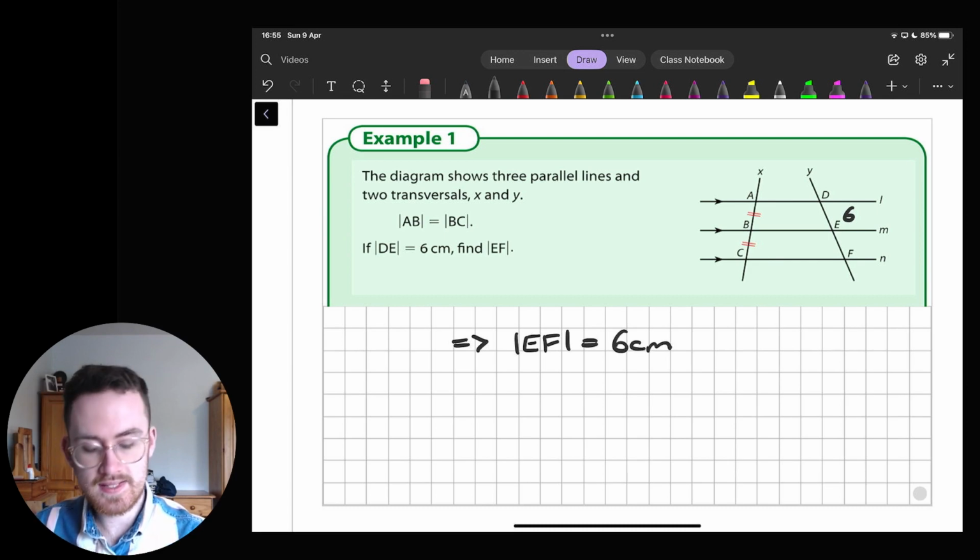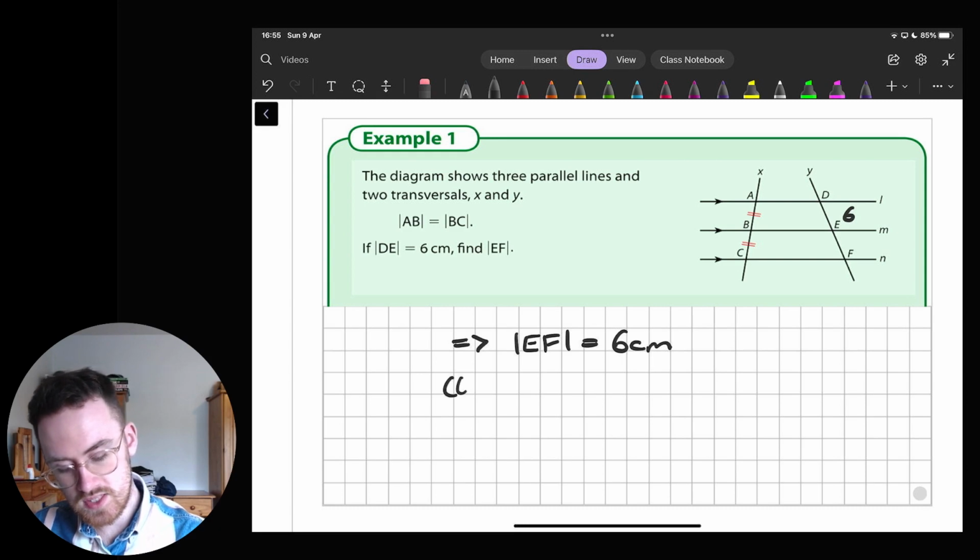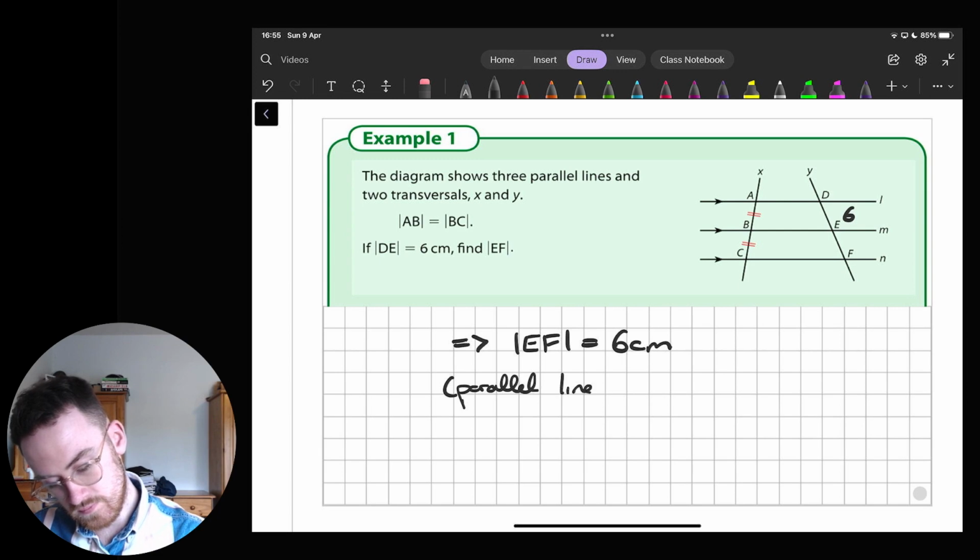Okay, and why is that? Well, it's because the parallel lines cut the transversal into equal parts.